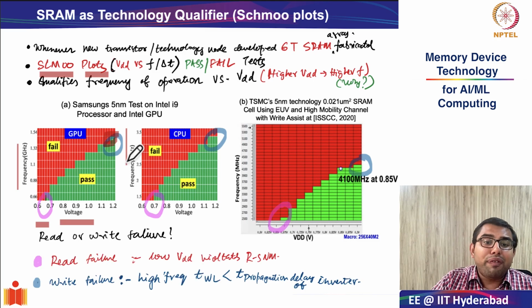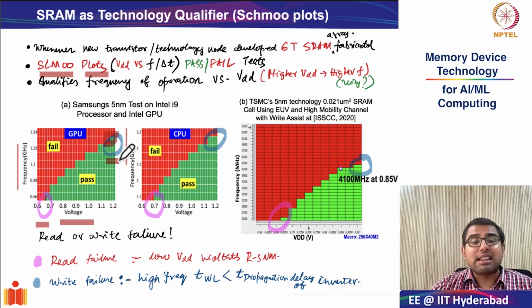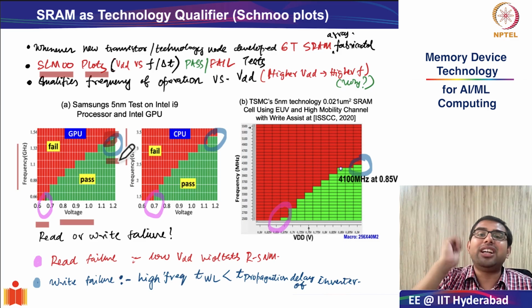Whereas read failures are more likely to happen at low voltage or low VDD, write failures are more likely to happen in the high frequency regime. Why is this the case? You can see in the slides, read failures happen primarily because of violations of the read noise margin.